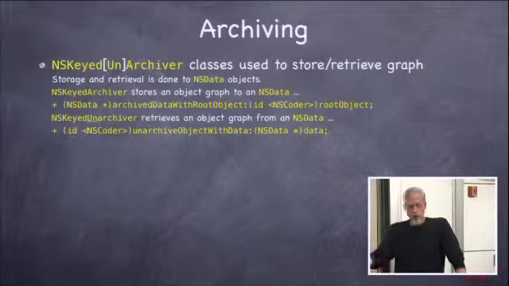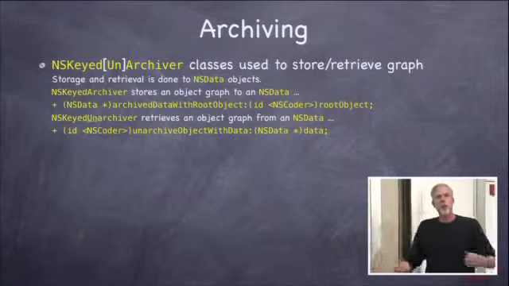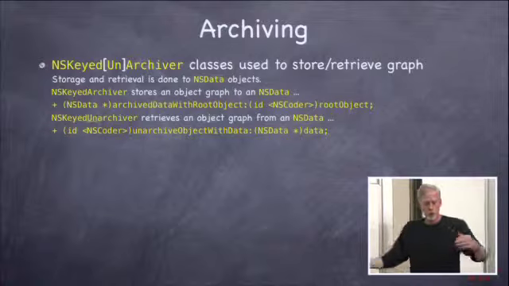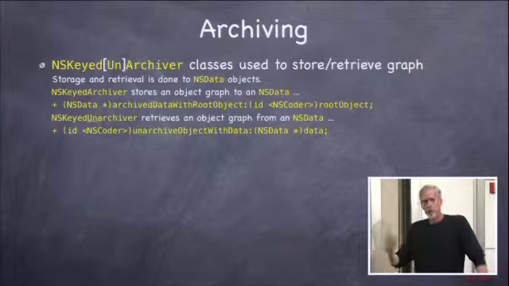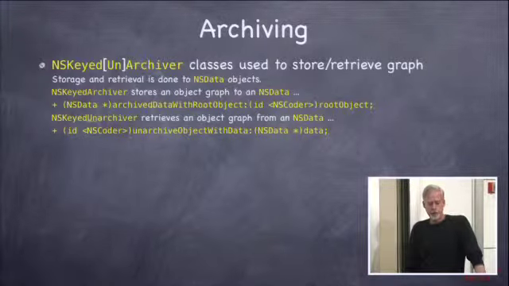And you just say, get me an archived NS data that archives this object and all the rest of the objects in the graph. And you can see how this is just going to send encode with coder, encode with coder to all of them. It creates the NS coder object that goes and does this. So all you have to do is make sure all the objects in there implement the NSCoding protocol, okay?